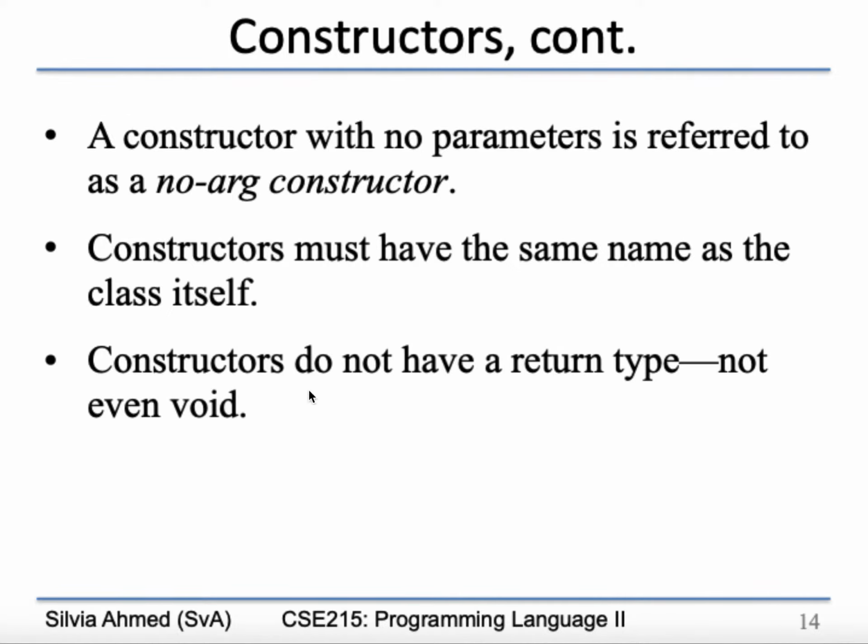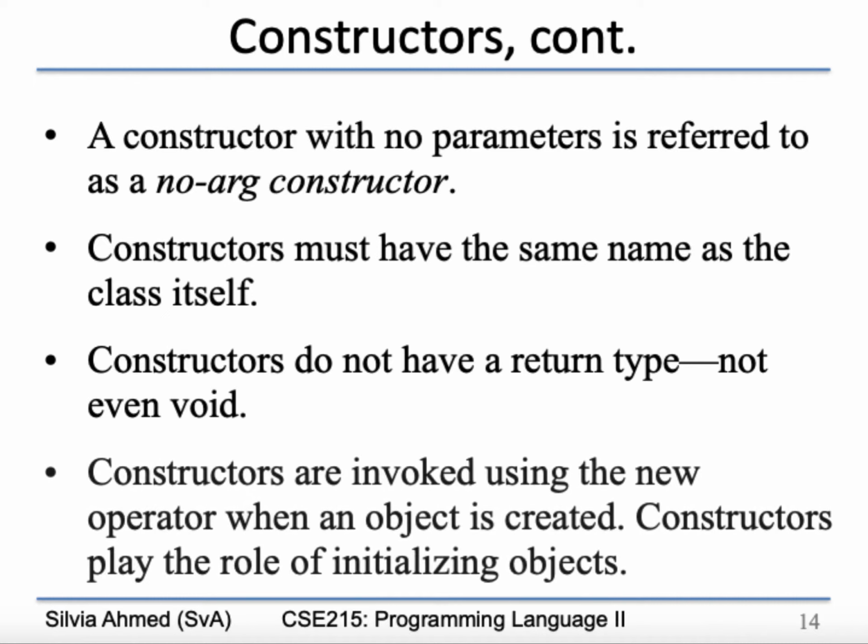Then constructors do not have a return type, not even void. This is a special type of method. The constructor's functionality is basically to reserve a memory location and assign any initial value. Therefore, it does not have any return type, not even void. If we write something with void, then it is no longer a constructor, rather it's a regular method.